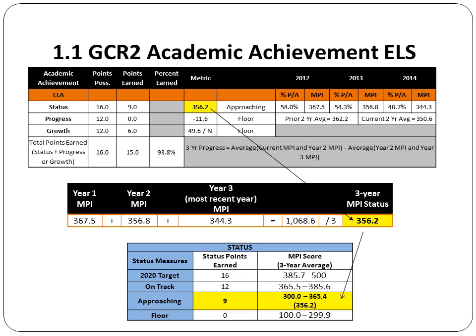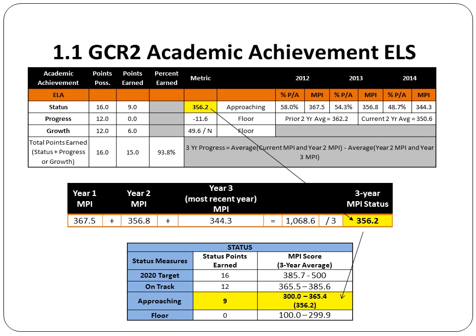The second area that we look at in academic achievement is, as we said before, a status point, which is a 3-year average. So we take 2012, 2013, and 2014, and we add those together, and we average that, and we get the number highlighted in yellow, 356.2.